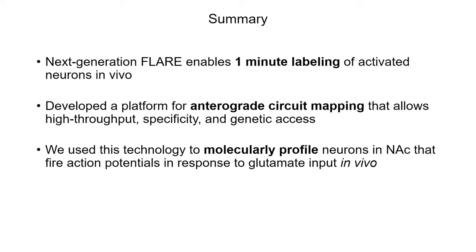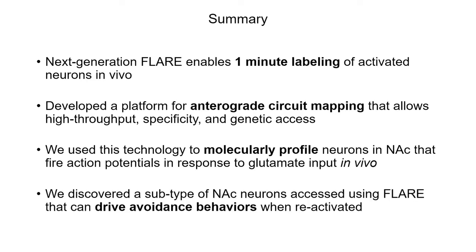And this allows us to have both high throughput, specificity, and genetic access to the downstream coupled neurons. And we use this technology to molecularly profile neurons in the nucleus accumbens that fire action potentials in response to glutamate input in vivo, and discovered what we think is a cell type, or subtype, of nucleus accumbens neurons that we can access using FLARE, and then drive avoidance behaviors when we restimulate them using optogenetics.